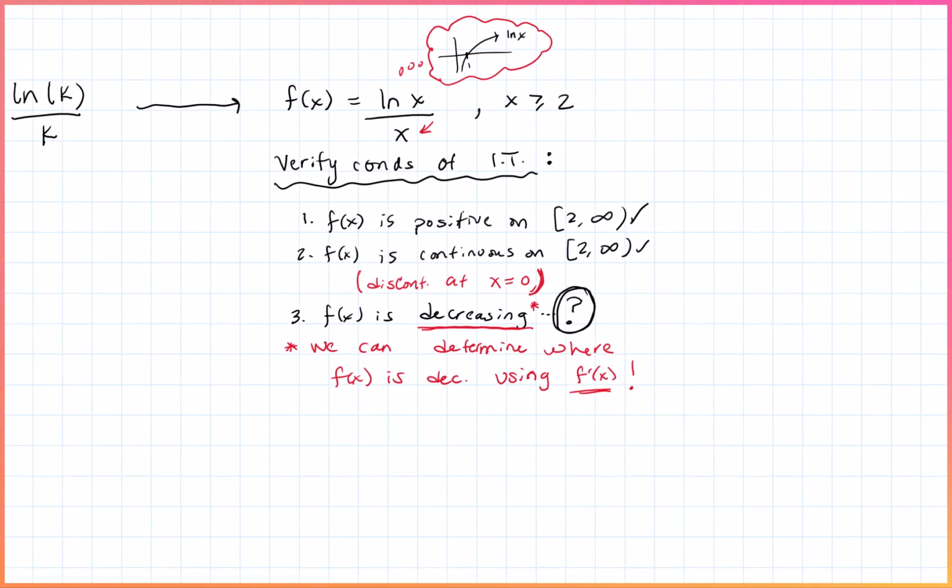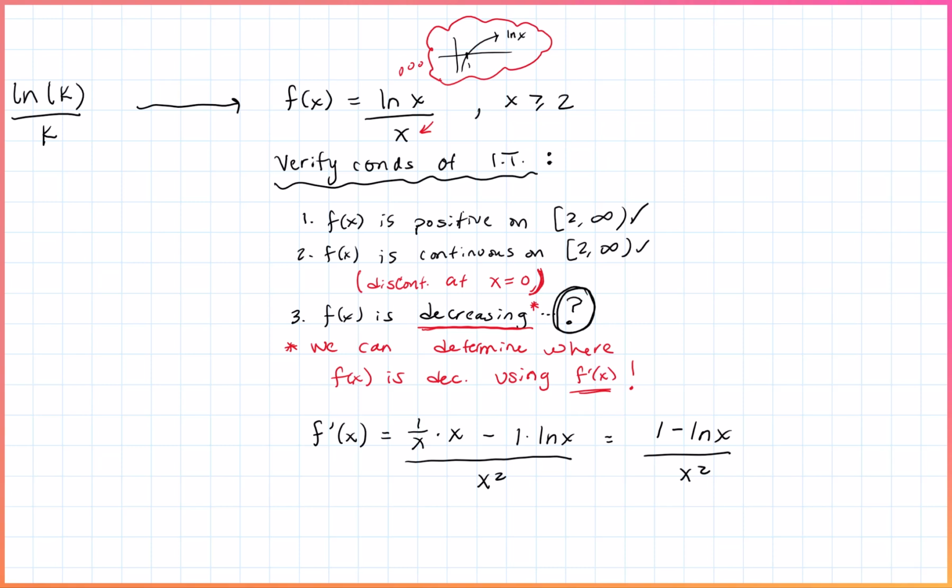If we want to know where a function is decreasing, all we have to do is take the derivative and figure out where the derivative is positive and negative. So what is the derivative? Using the quotient rule, going through this quick, it's 1 over x times x minus 1 times the natural log of x, all divided by the denominator squared. So my derivative is just 1 minus the natural log of x over x squared.